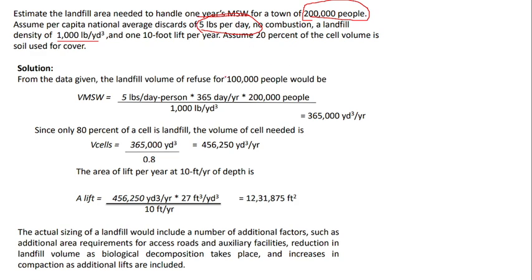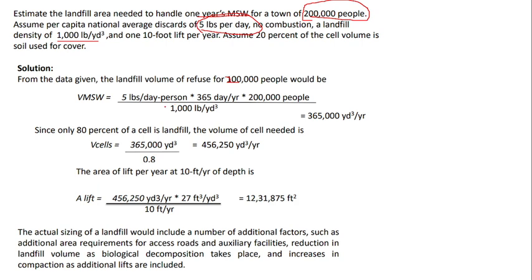So this is 2 lakh, not 1 lakh. First, 5 pounds per day per person is generated. So multiply it with 365 days. So we will obtain for per year, and then multiply it with 2 lakh people, because only one person is producing 5 pounds. For the total village we have to multiply the number of people in the village. So multiply it with 2 lakh and divide it with the density.